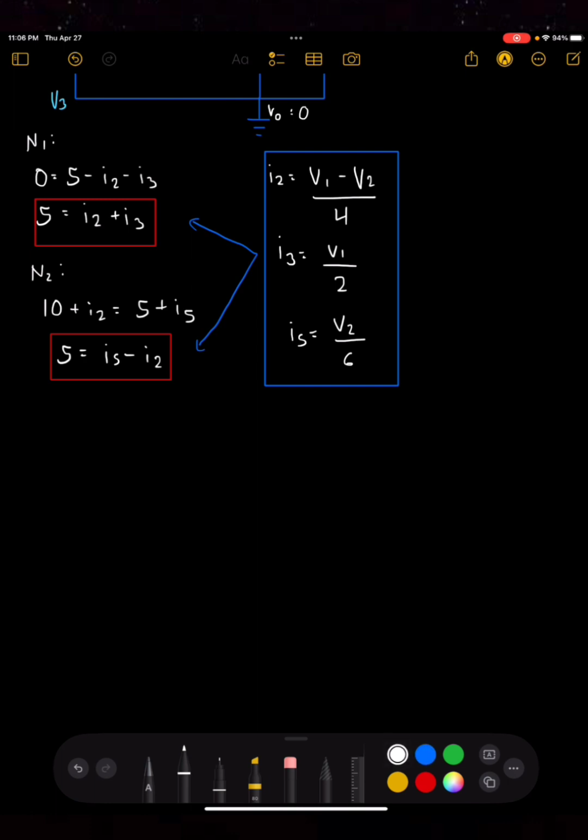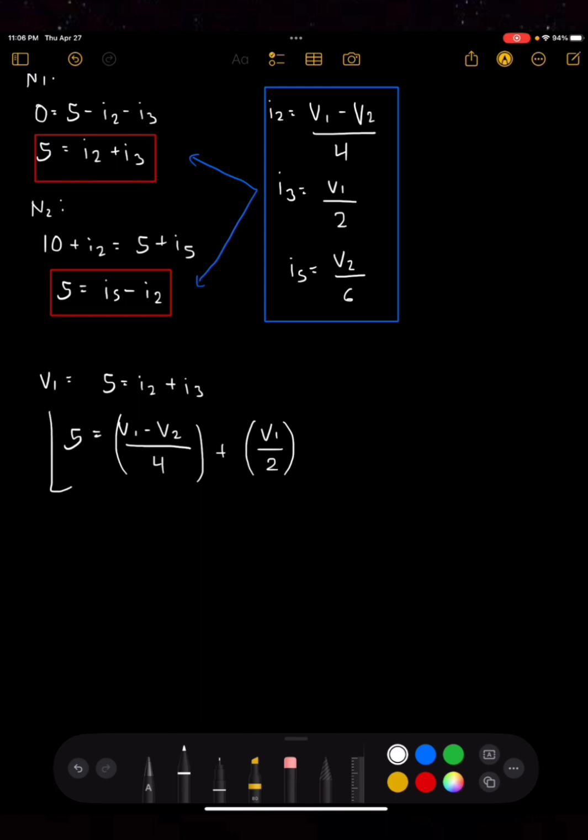So, first, sa node V1 or node 1 ay magiging 5 is equal to I2 plus I3. So, substitute na natin tong I2 at I3 dito. Magiging 5 is equal to V1 minus V2 over 4 plus I3 which is V1 over 2.